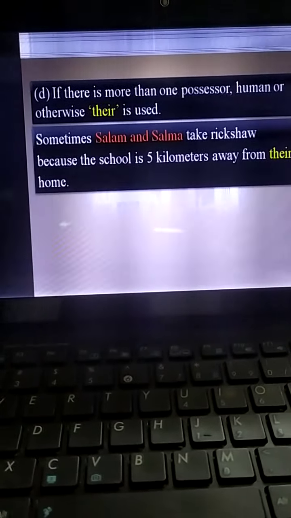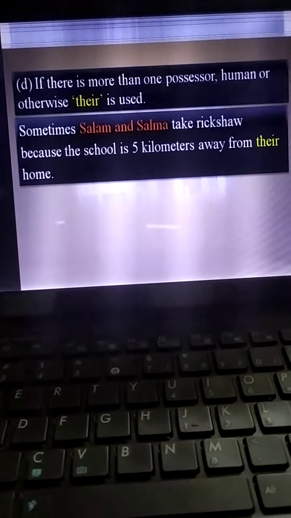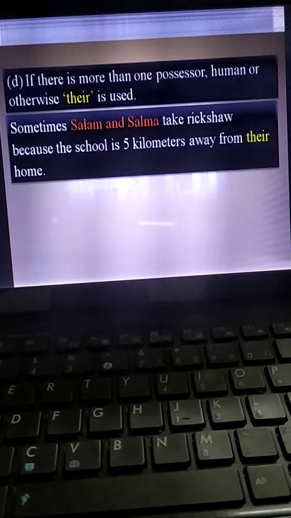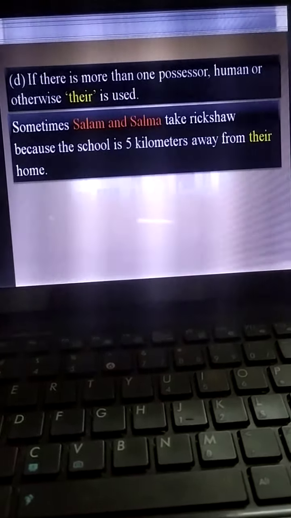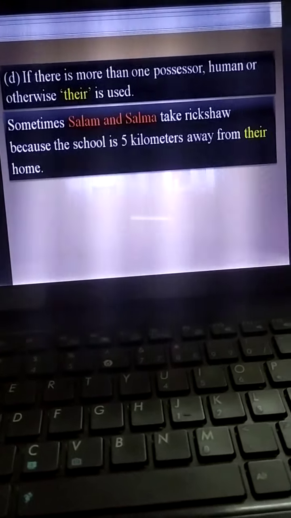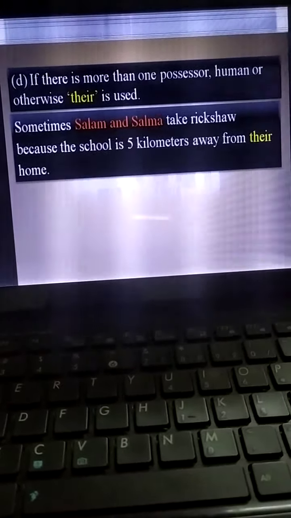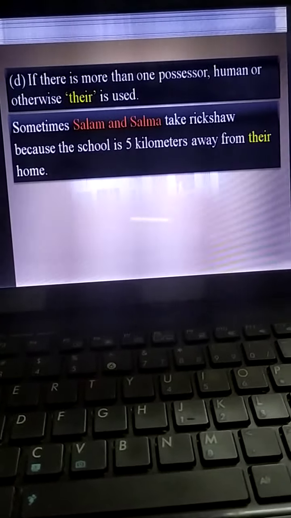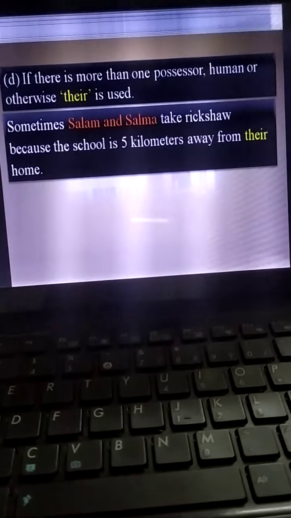Sometimes Salam and Salma take a rickshaw because the school is 5 kilometers away from their home. Look at this, the adjective their: Salam male, Salma female, but they are plural. Therefore, in the plural case, you have to use the possessor their.